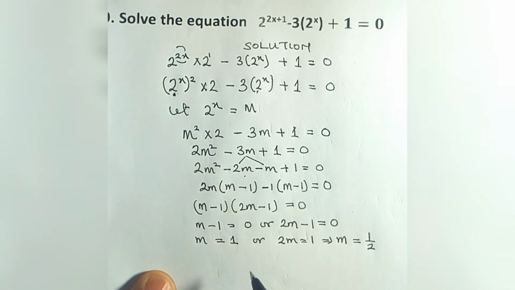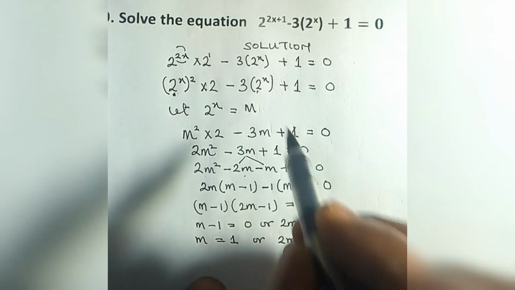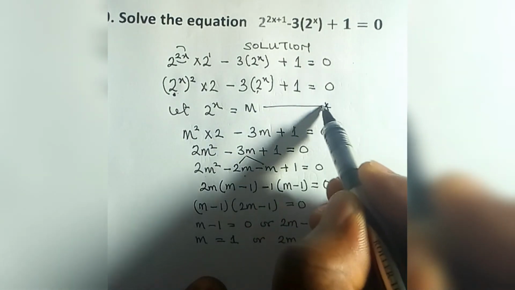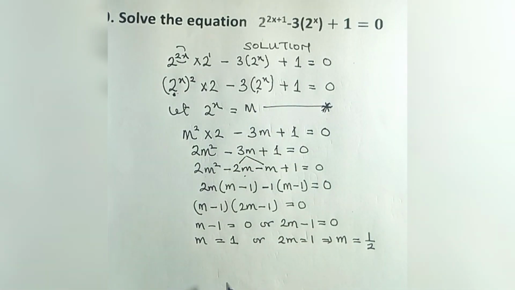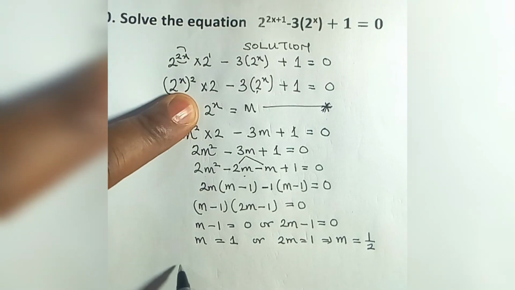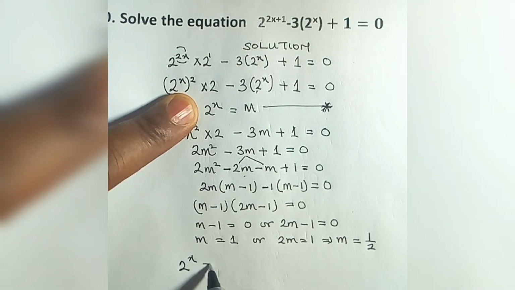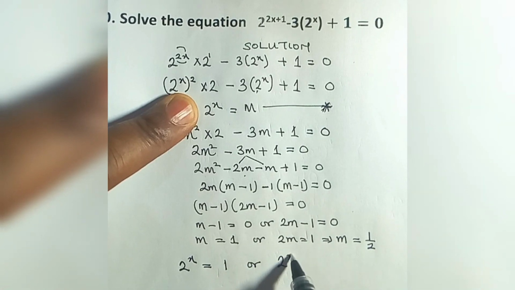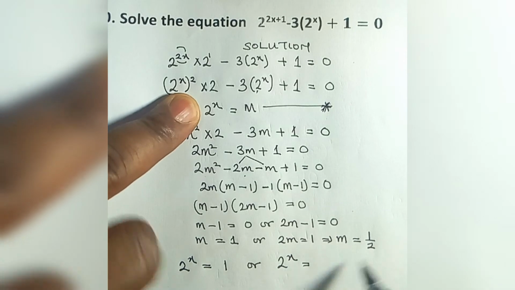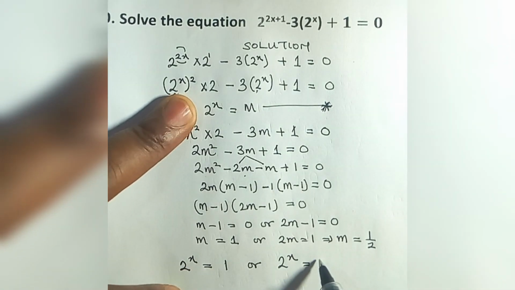We are now going to substitute these two values here in order to get the value of x. So let's substitute 2 power x equals m, which is 1, or 2 power x equals m, the second value of m, 1 over 2, so I have 1 over 2 here.